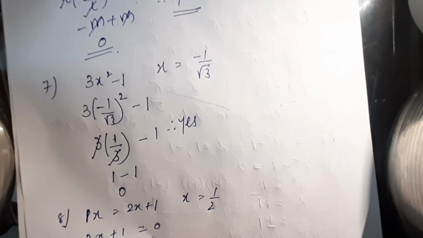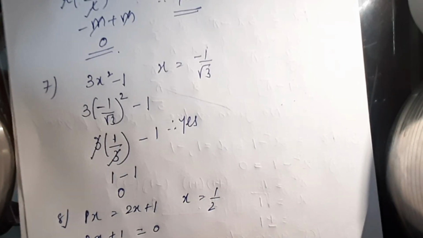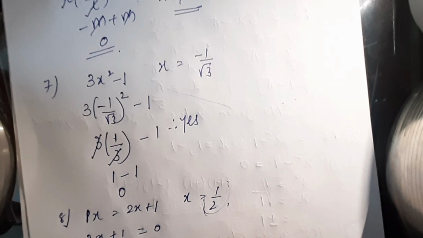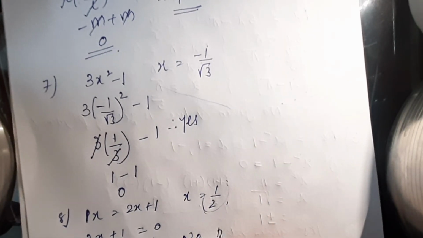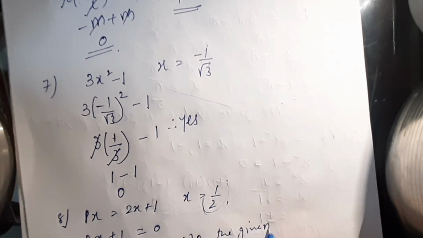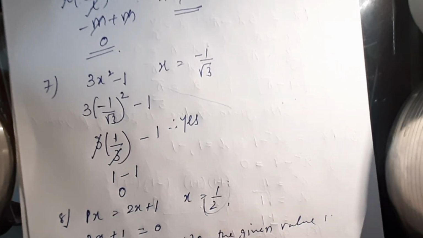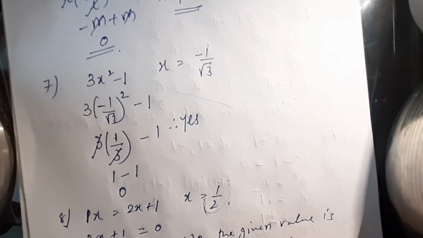Shifting 1 to that side, it's minus 1. x is minus 1 upon 2, whereas the given value was plus 1 by 2. They are not matching. As we got a mismatched value, the statement is: the given value is not the 0 of the polynomial. For all the answers you need to write the statement.